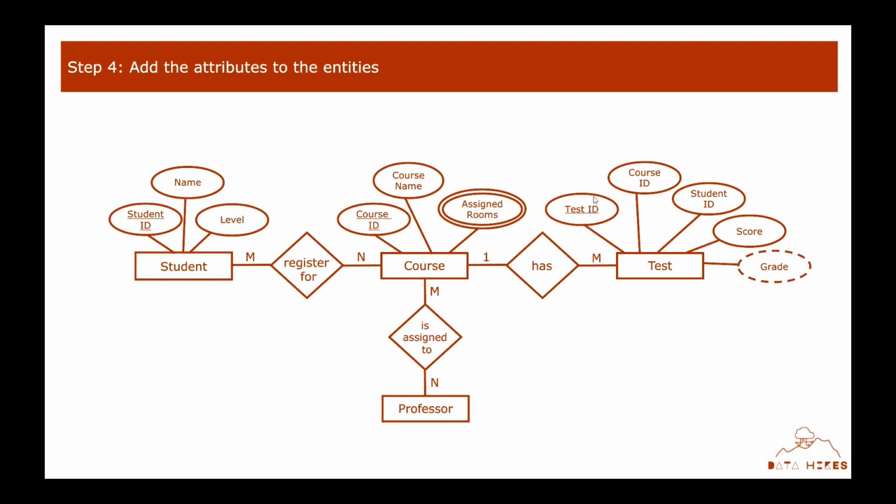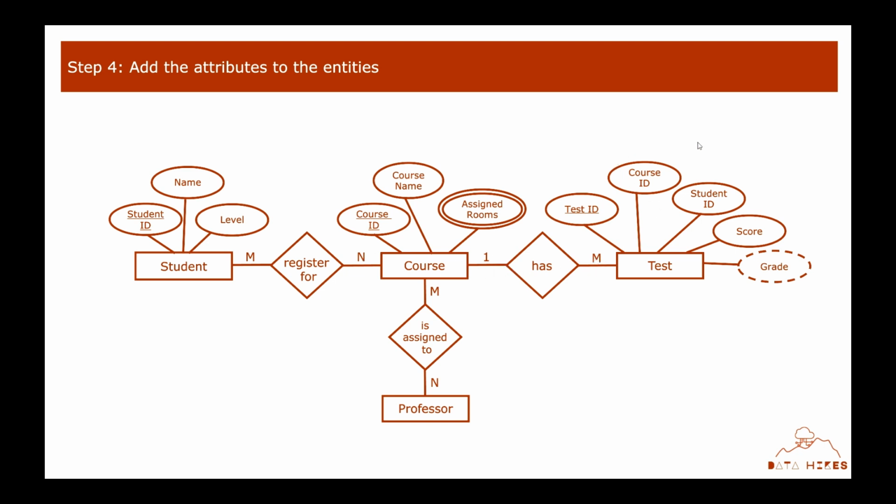Observe here that the course ID and student ID are not underlined. If this was a one-to-one relationship, if we would have known that for each course there is going to be only one test, then we may not have required a test ID. This may have been a weak entity then, because it is related to student directly via course, because this is a one-to-one relationship.